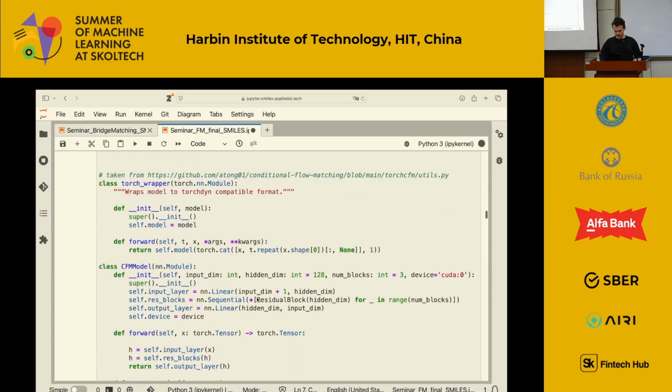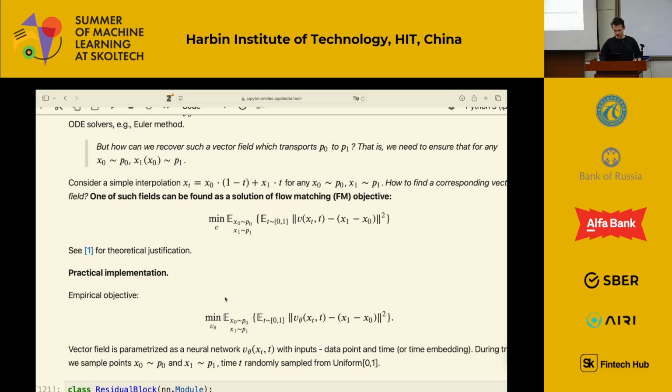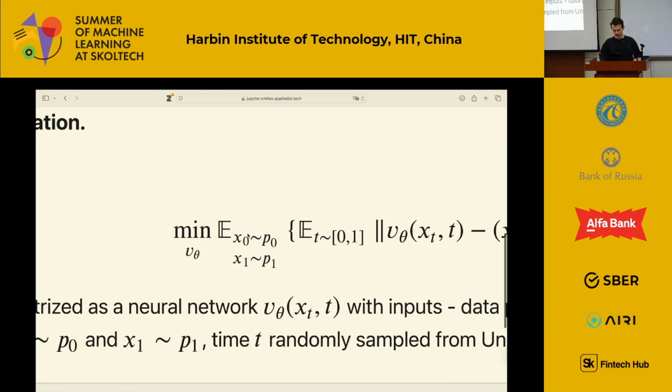In terms of formulas, the only thing that will change here is this particular expectation. Now, instead of sampling independent points from P0 and P1, you will sample these points from some kind of an approximation of the transport plan between P0 and P1. You can also construct some other interesting plans here, but there are papers on that, and basically the optimal transport plan is the best one.